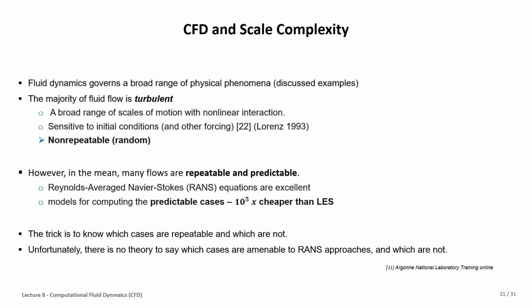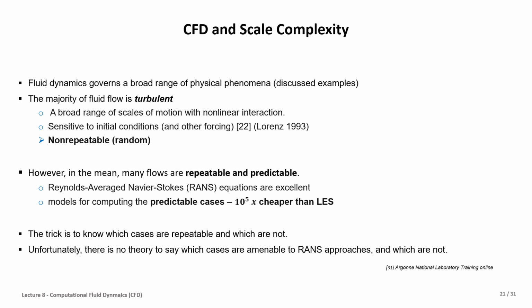In fact, DNS provides the most accurate solution. LES is in the balance, providing a better solution than RANS but cheaper than DNS, because DNS is the most accurate and costly solution in CFD.